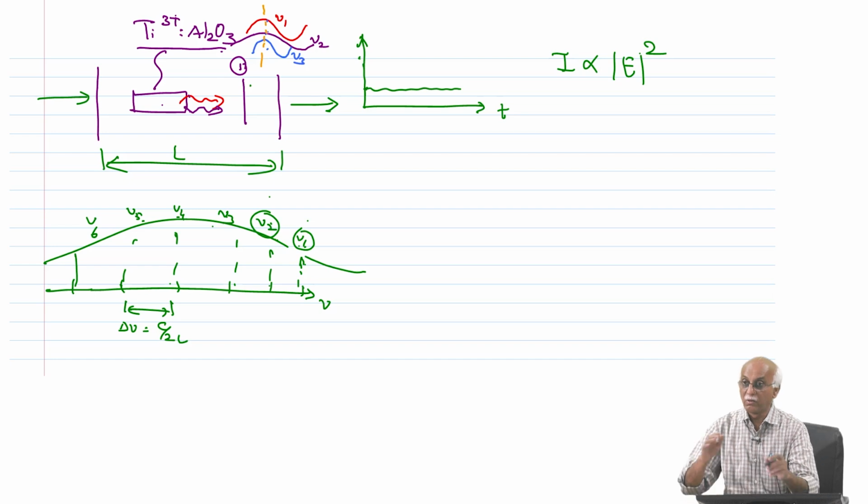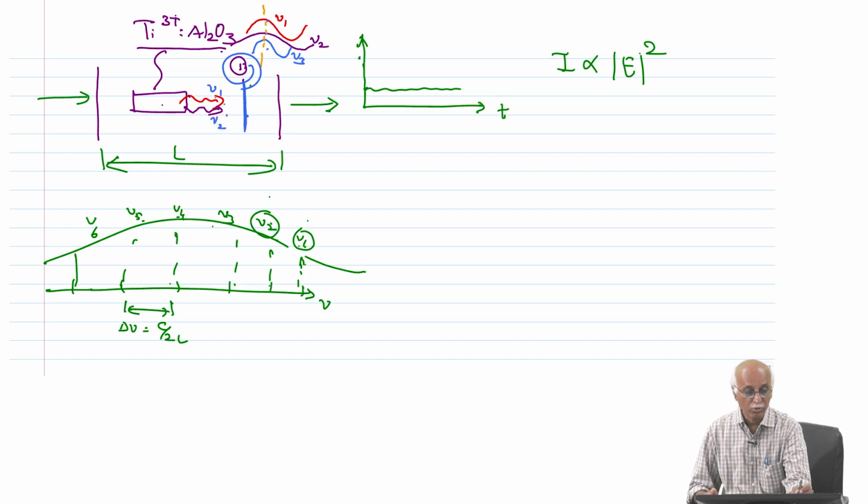Till all the frequencies are oscillating with different phase, and let us say this is the saturable absorber. All these waves add up electrically. If they are of different phases, nu 1, nu 2 etcetera, the overall intensity is not very large, and the saturable absorber may remain opaque.